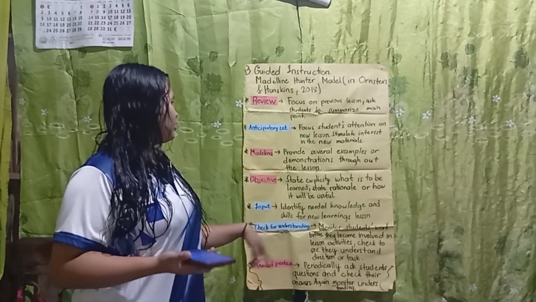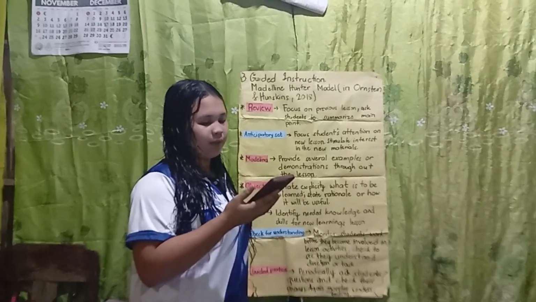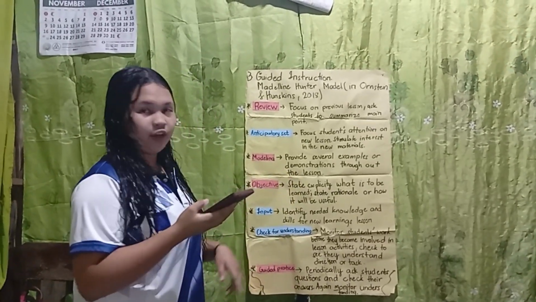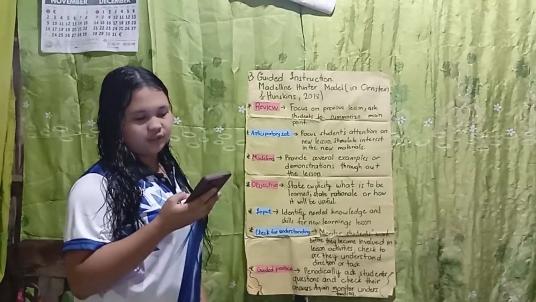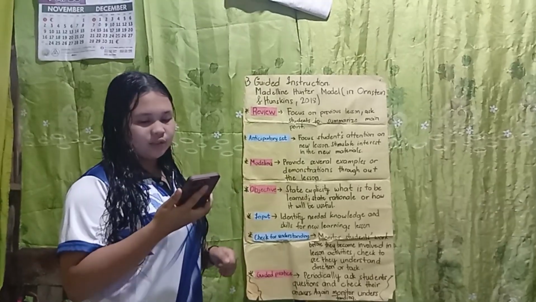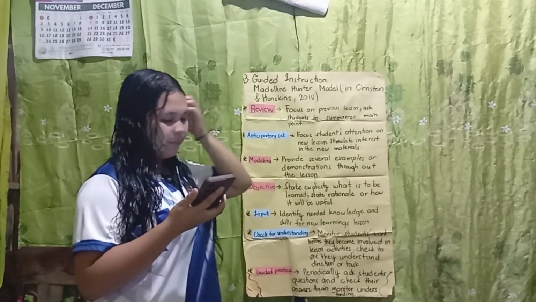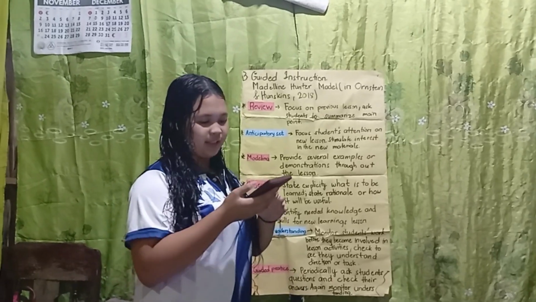Anticipatory set: focus students' attention on the new lesson and stimulate interest in the new materials. This step is crucial for grabbing students' attention and generating interest in the new lesson. Then you need to use engaging activities, questions, or a story to connect the new materials to students' existing knowledge and experience.